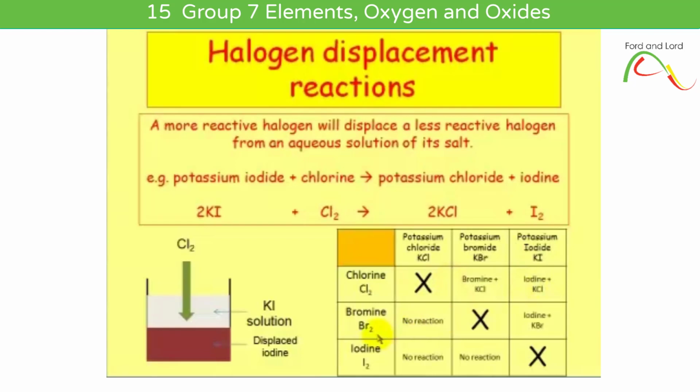Now bromine is less reactive than chlorine, so there will be no reaction with potassium chloride. But because bromine is more reactive than iodine, it will displace the iodine from potassium iodide to form potassium bromide, and iodine is therefore released. And poor iodine is so unreactive it can't displace chlorine from potassium chloride and it can't displace bromine from potassium bromide. Okay, so those are what we call displacement reactions.